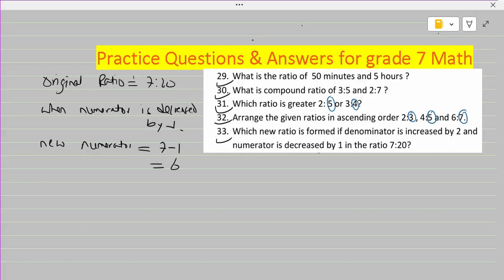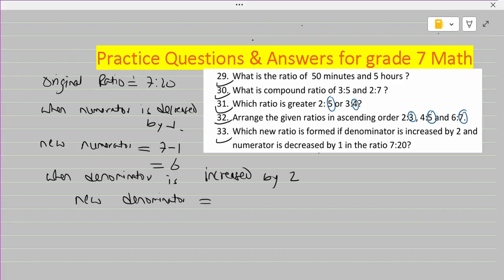When the denominator is increased by 2, the new denominator: originally there is 20 and it's increased by 2, so we get 22.